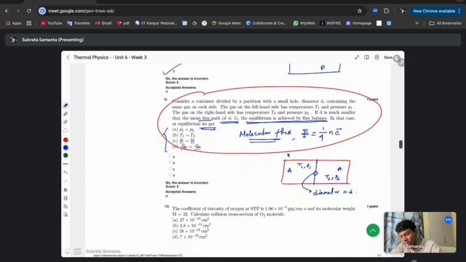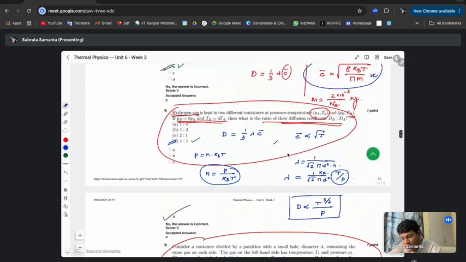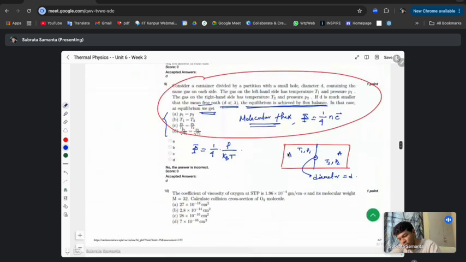So the flux phi is 1 over 4 times P over kBT, and C average is the square root of 8 kBT over pi m. Then the flux phi is proportional to P over square root of T.